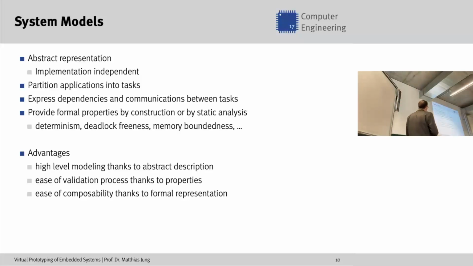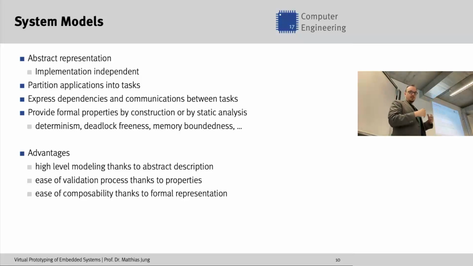I said already, a model is usually an abstract representation, and we always try to make it implementation independent, but sometimes it doesn't work, so we put some more information in it. The cool thing about system models is that we can move up the level of abstraction, so it gets much easier to model something, especially in System C when we have TLM.